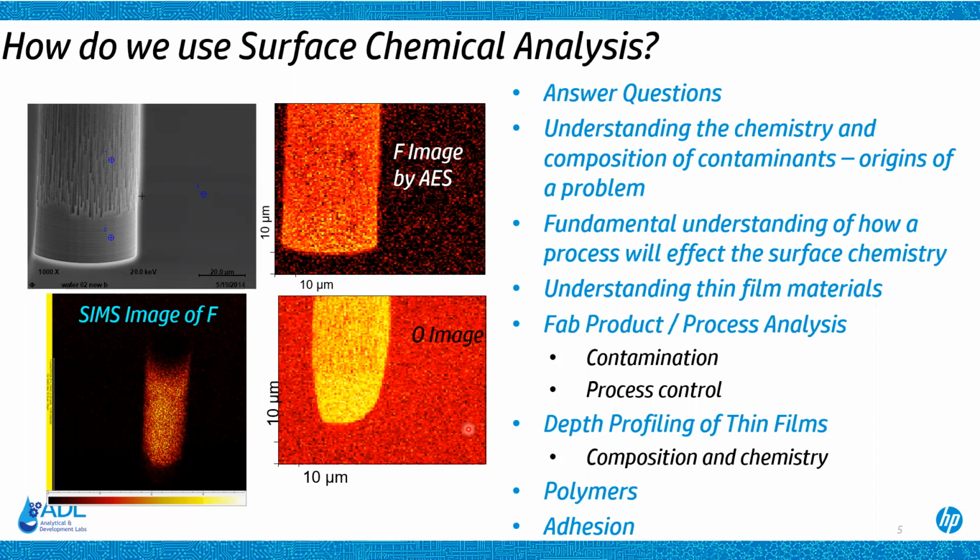We have a lot of interaction with folks in our fab, looking at contamination, looking at process changes. We also deal a lot with polymers and the surface modification and/or adhesion or adhesives. Adhesion in particular, looking at why things come apart and/or why things stay together.